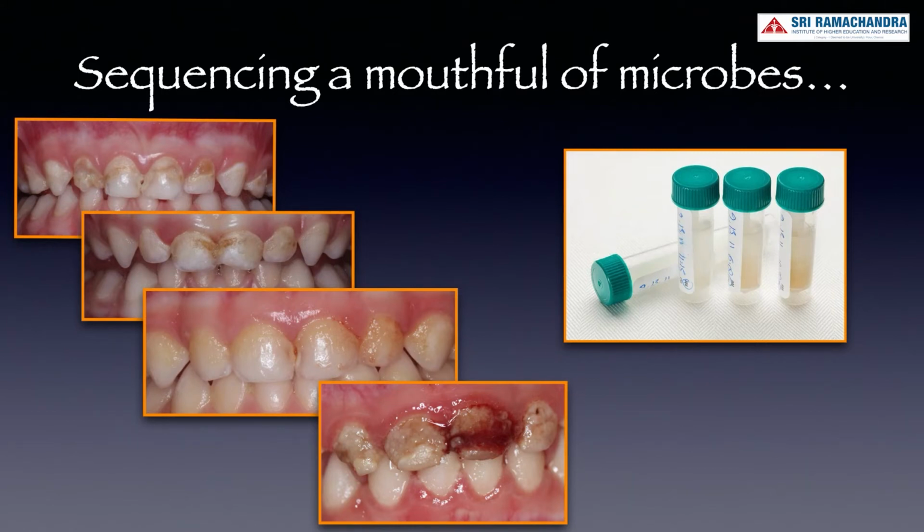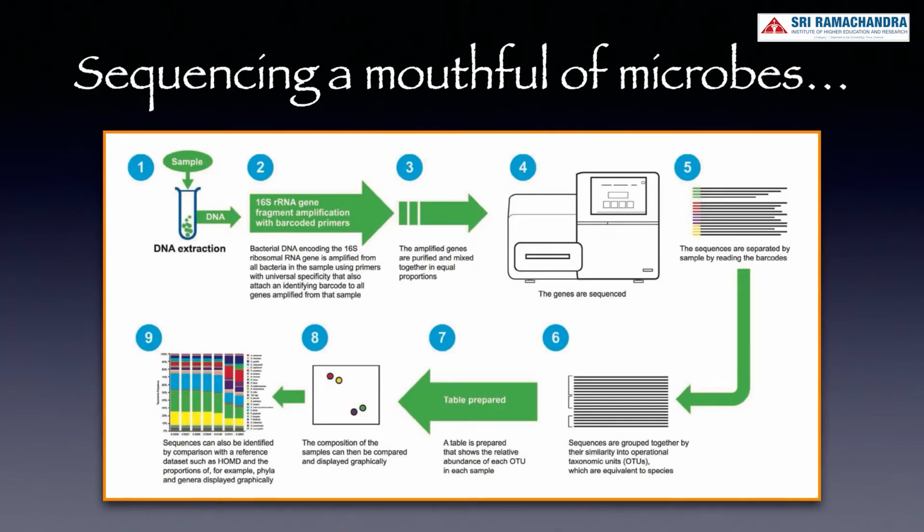Upon collection of the saliva, an overview of the sequencing process includes extraction of the DNA, amplification of the 16S rRNA gene with specific primers, then sequencing, and then the sequences are grouped together according to similarity into operational taxonomic units, referred to as OTUs, which are equivalent to each of those species. They're then tabled, composition analysis is carried out, and then illustrated.